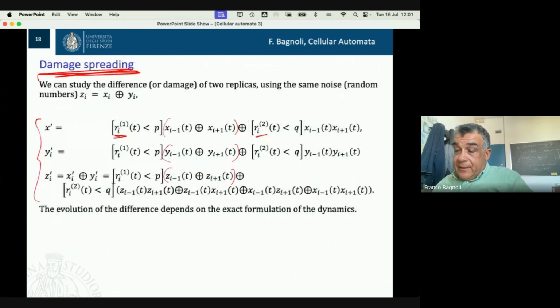And since we have seen that the damage spreading always has an absorbing state, the state in which zeta, which is the difference, is equal to 0, it means x equal to y. If they happen to be all the same, they always stay the same because the evolution now is the same. And so zeta_i equal to 0 is an absorbing state.